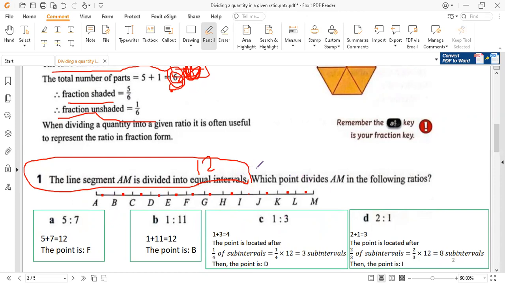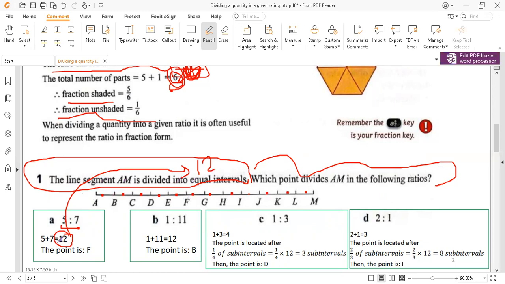They ask us which point divides AM in the following ratios. First of all, we add the two terms of the ratio, 5 plus 7, 12. Good. So we are at the same level of discussion because we have 12 equal intervals, and we want to talk about a point compared to these 12 equal intervals.